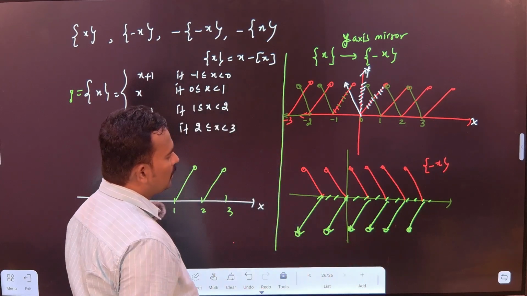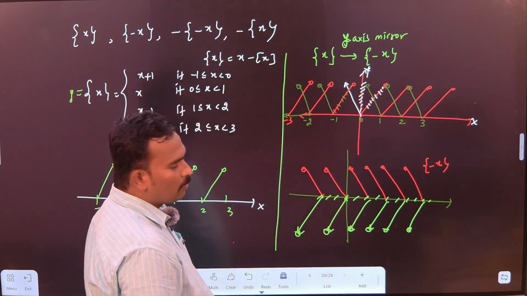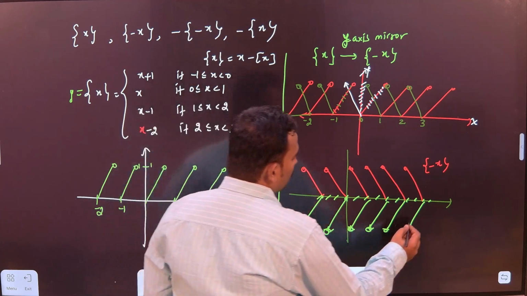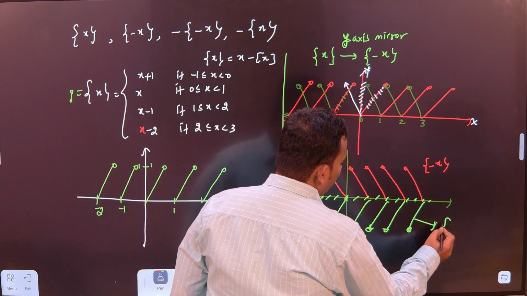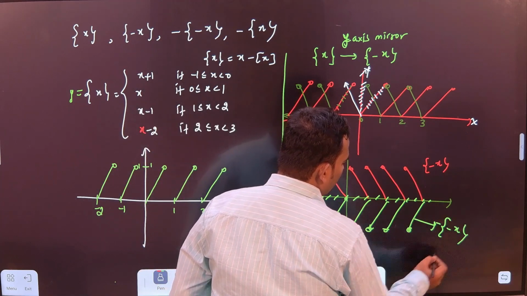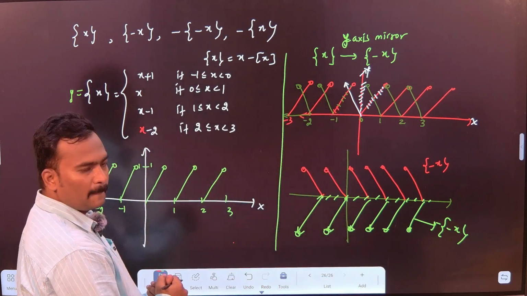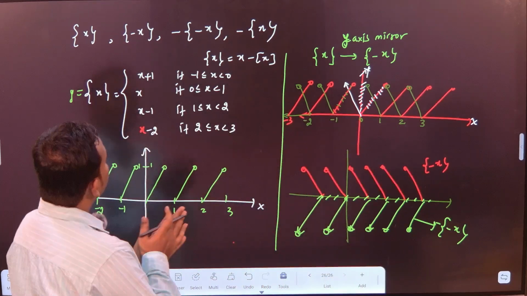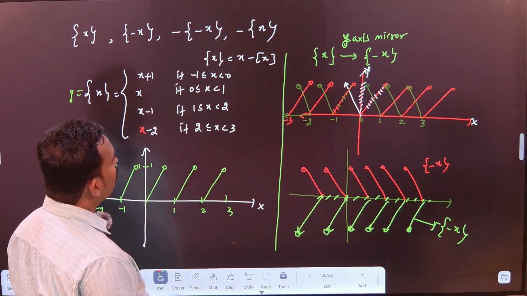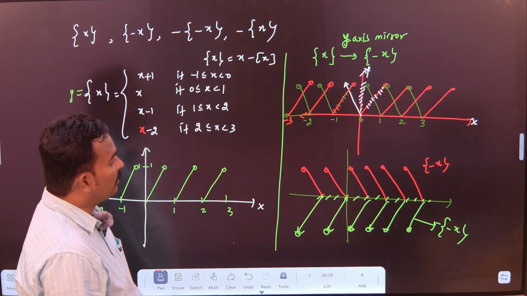Right? This is 1, this is minus 1, right? So this is your graph of minus of fractional part of minus x. Clear? Okay.